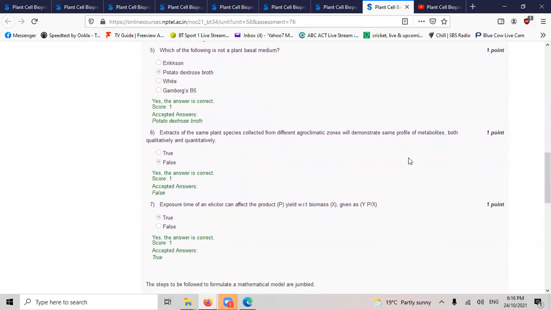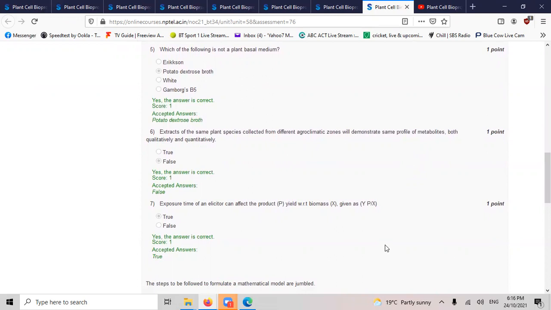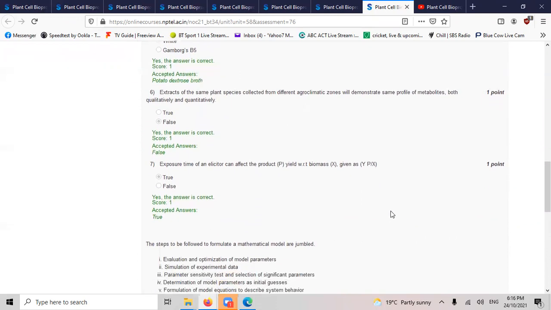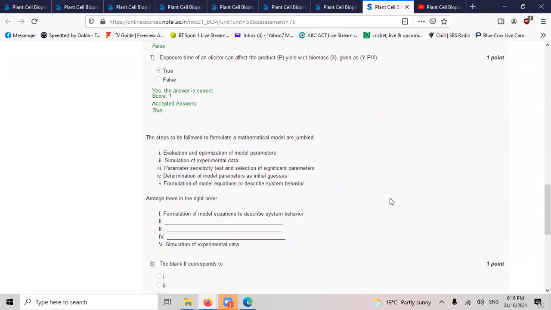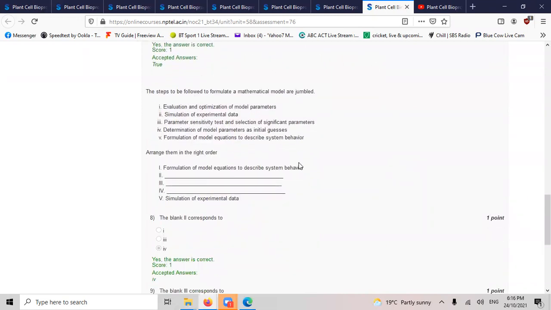Steps to be formulated and the models are jumbled. Oh, this is the last one. You've got to put this into order. It's the mathematical model, using mathematics to formulate things.